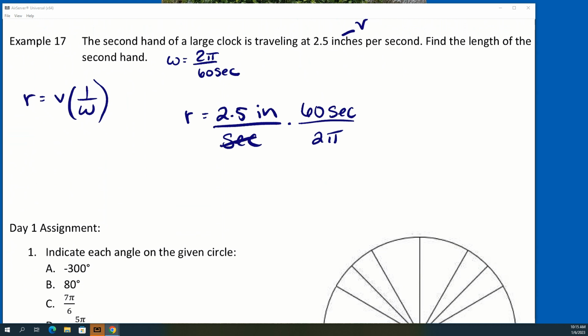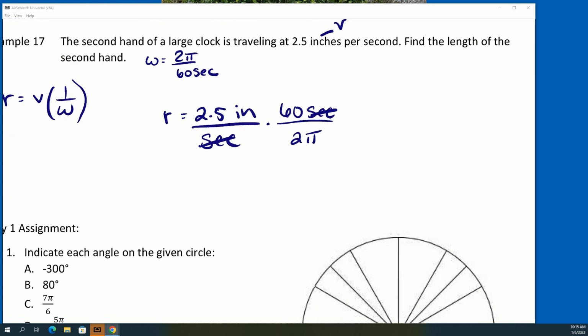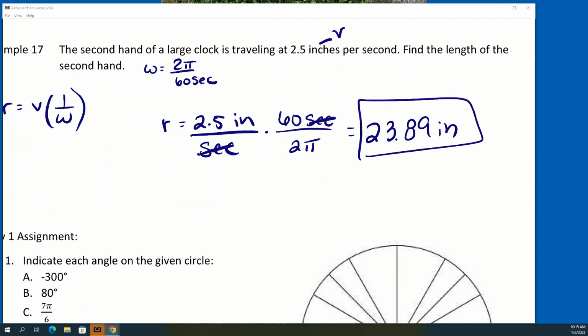And seconds cancel out. The only unit I have is inches, and that's a perfectly acceptable unit for radius. It didn't tell us what to leave it in, so we're going to leave it in inches. So it is just 2.5 times 60 divided by 6.28. And it's a pretty large clock, almost a 2-foot second hand.